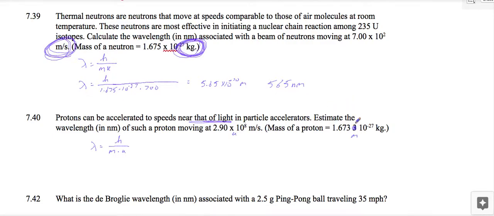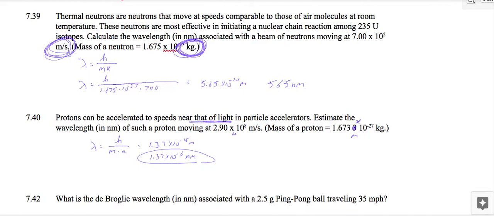It's not fixed here. This number 3 should be a multiplication sign. So we have that. So our wavelength is equal to 1.37 times 10 to the minus 15th meters, or 1.37 times 10 to the minus 6th nanometers.